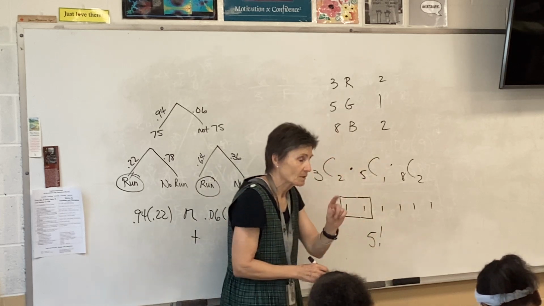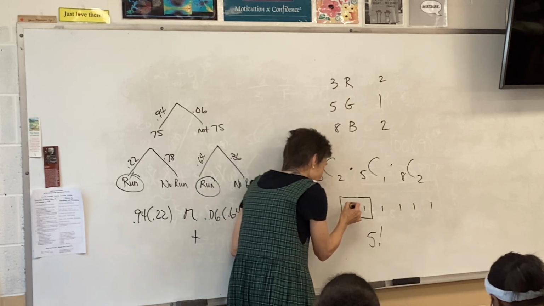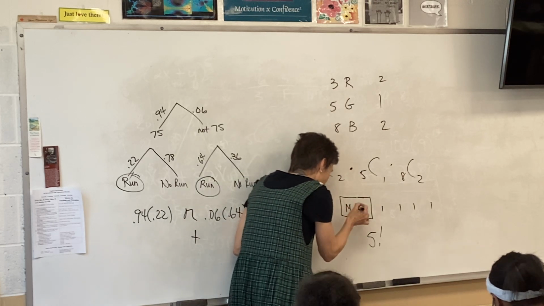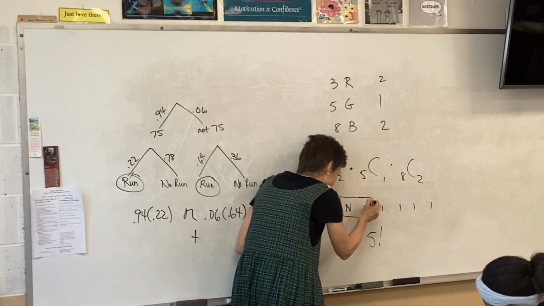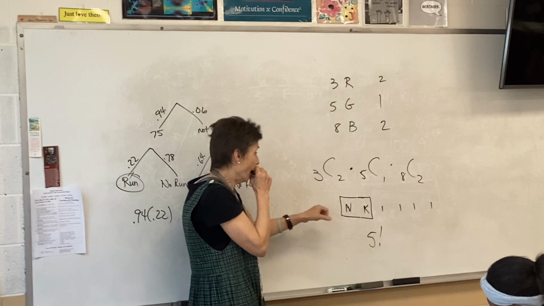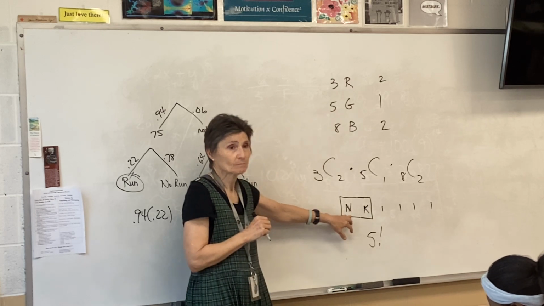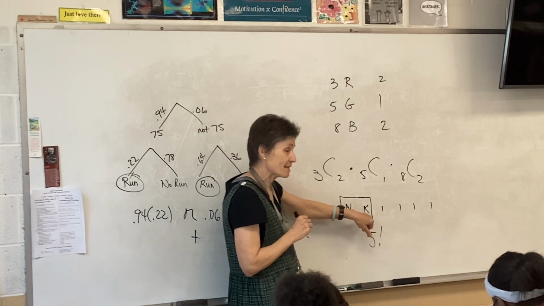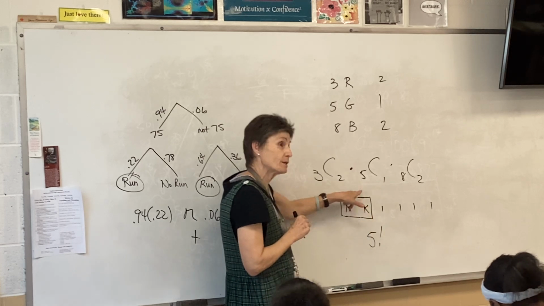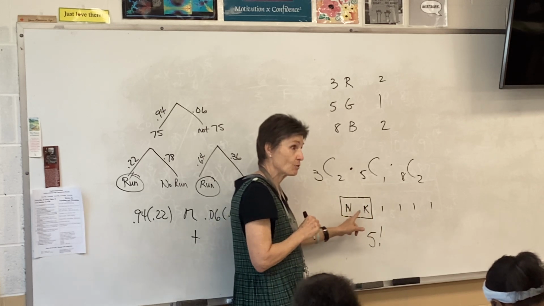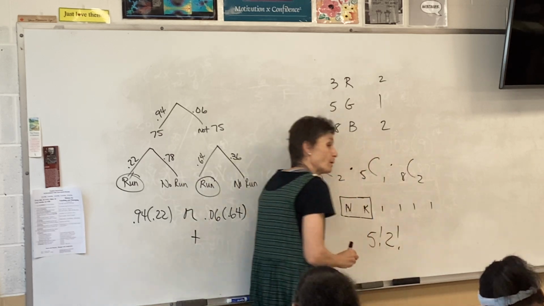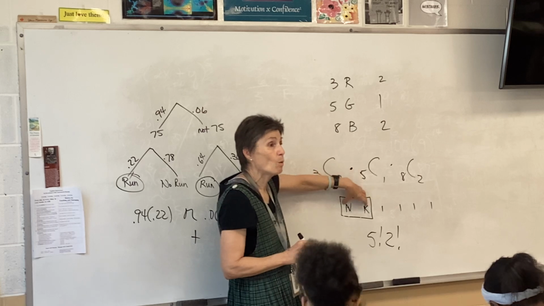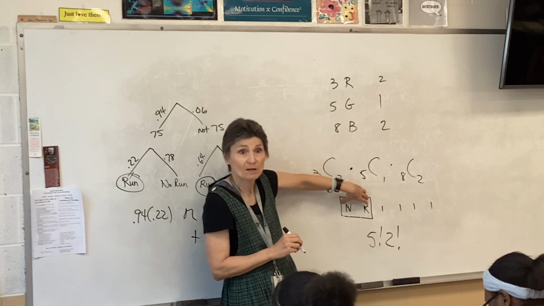But when I tied the rubber band, let's say this is Nyla, and this is Carol. When I tied them together, I could have tied them together like that, but I also could have tied them together in the other order. So I have to multiply by 2 factorial, which is the number of ways the girls can be arranged.